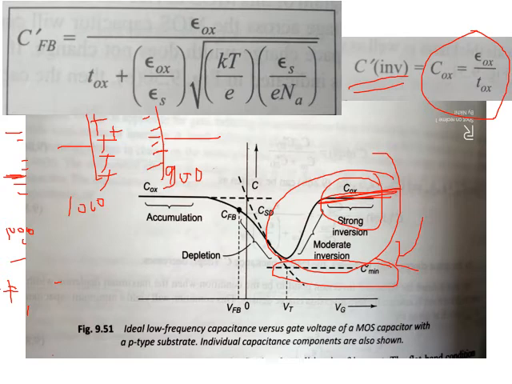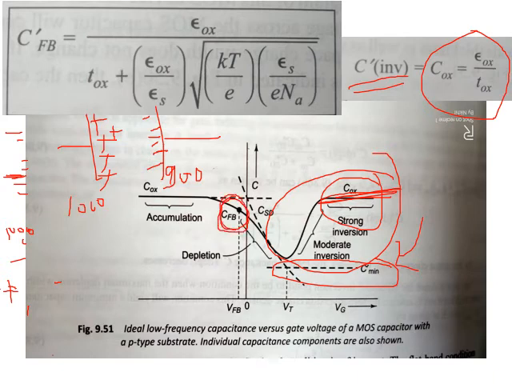And there is one more equation written here, which is nothing but the flat band condition. What is that flat band condition? It occurs between accumulation and depletion condition. So this is the CFB.